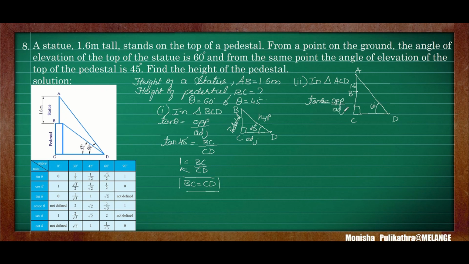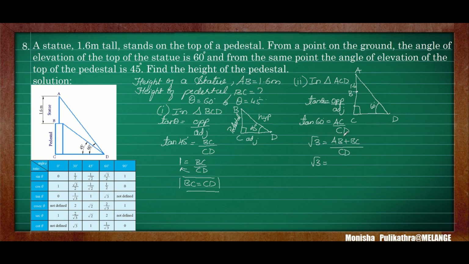Theta is 60 degrees, so tan 60 is equal to the opposite side AC by the adjacent side CD. From the chart, tan 60 is root 3. AC is made up of AB plus BC, divided by CD.